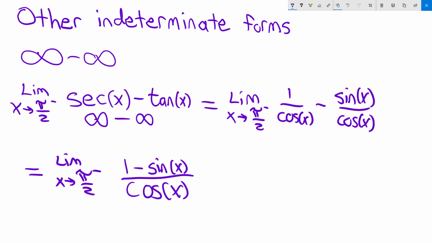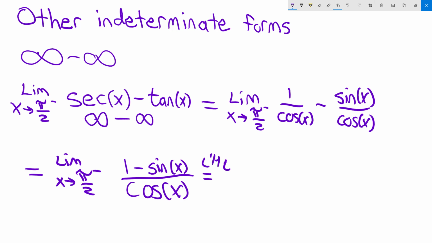Now, staring at this, well, sine of x, as we approach pi over 2, that does go to 1. So it's going to be 1 minus 1, or 0. And the denominator, cosine of x, cosine of pi over 2, is also 0. So we do have an indeterminate form of 0 over 0. So this means L'Hopital's rule can be applied.